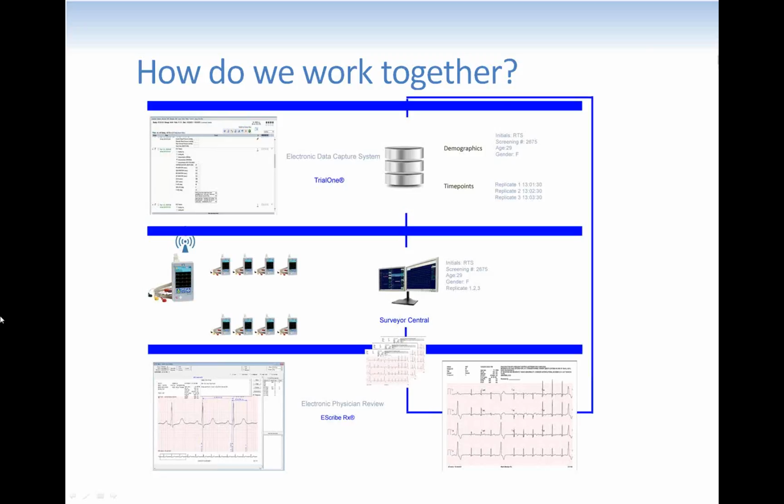We could then send the ECGs directly to the eScribe workstation where we can measure, annotate, and send those completed results in a digital format back to the EDC system, trial 1, where we can store those ECG results, digital ECG results, with the rest of the data that's been acquired on the study.